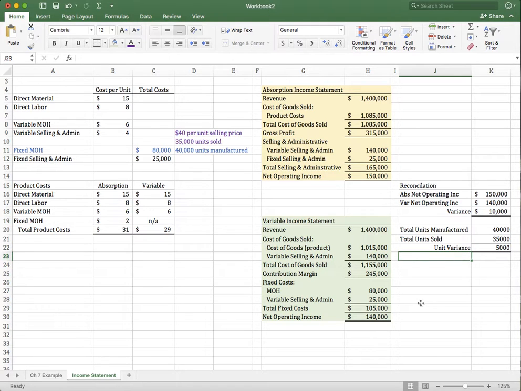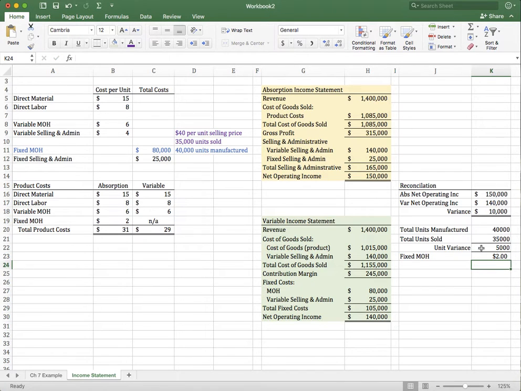Now we're going to multiply this unit variance by this item right here, because that's the difference between the two: the fixed manufacturing overhead, and that's $2.